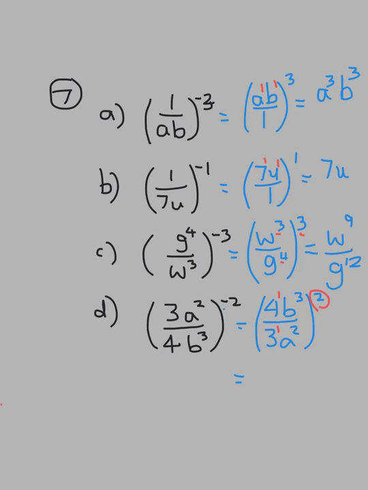So 1 for the 4, 1 times 2 is 2, so 4 squared. b cubed, 3 times 2 is 6, b to the 6th. On the bottom we've got this 3, the 1 times 2 is 2, so 3 squared. And then 2 times 2 is a to the 4th. So the final answer is 16 b to the 6th over 9 a to the power 4.